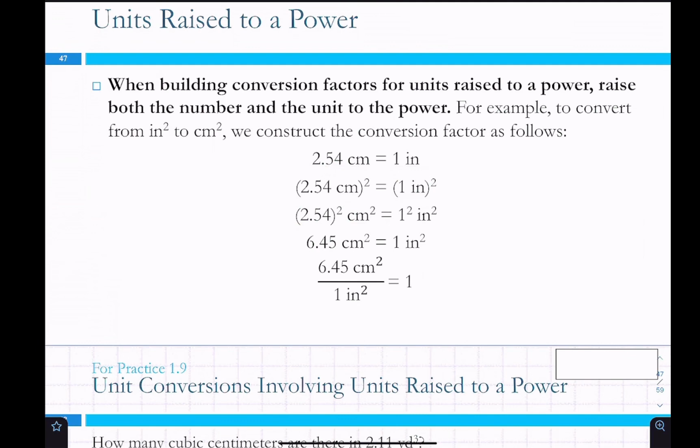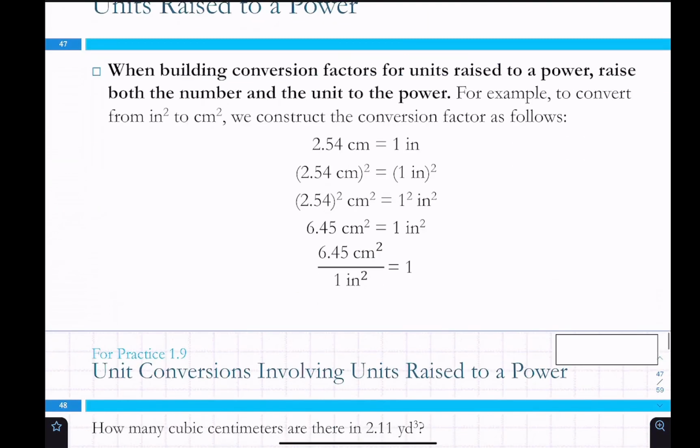And I don't know, if this clicks, it clicks. If it doesn't, it doesn't. But when you're doing this kind of thing, let's say that this is 2.54 centimeters. When you're squaring it, you're literally making a square. So that's like this, and then we've got a square where this side is 2.54 centimeters.